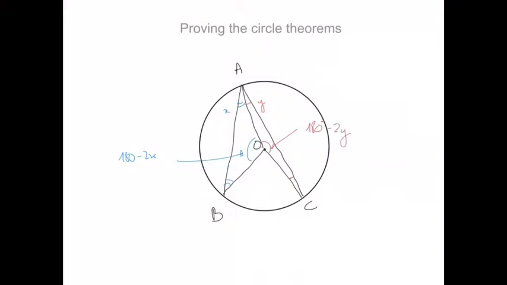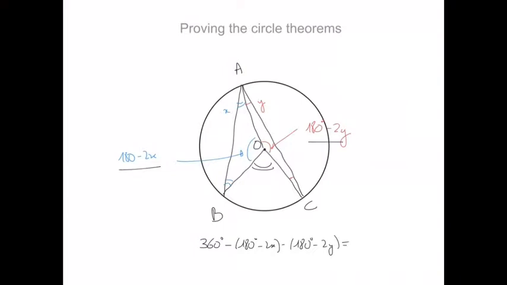So this means that if you want to work out this angle here, you need to subtract these two angles that we've previously expressed in terms of x and y from 360. So if we go for 360 degrees minus (180 degrees minus 2x) minus the third angle, which is (180 degrees minus 2y), and you try and simplify this.